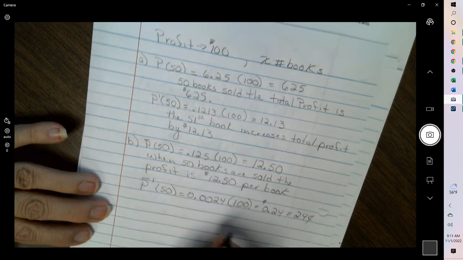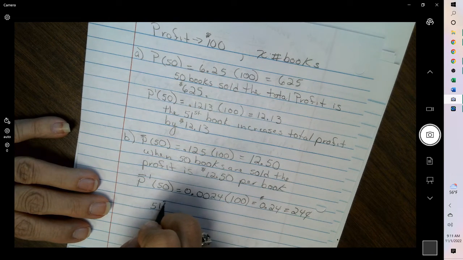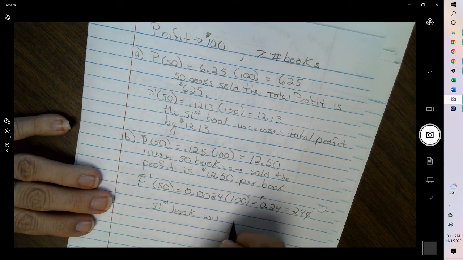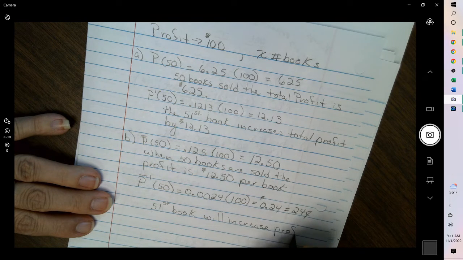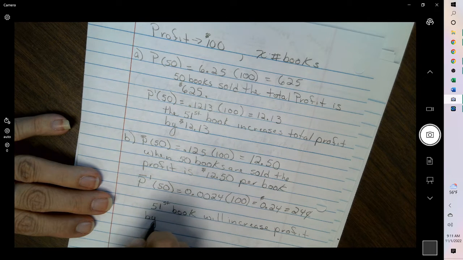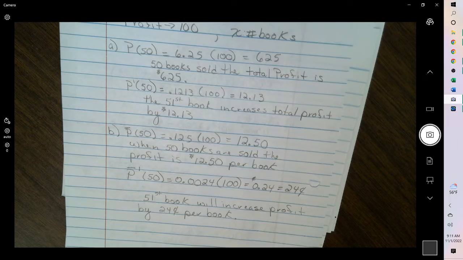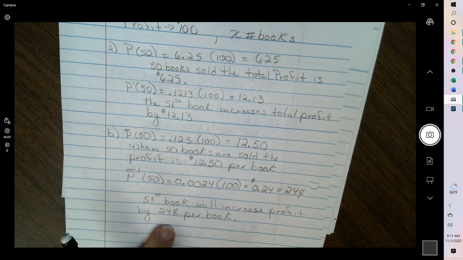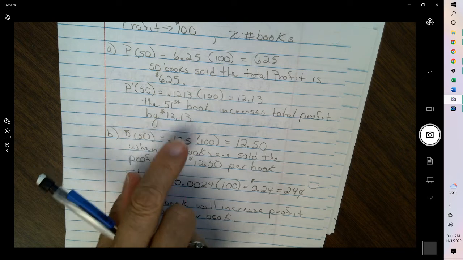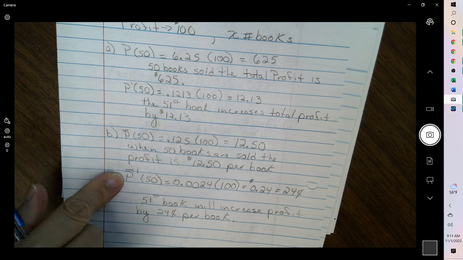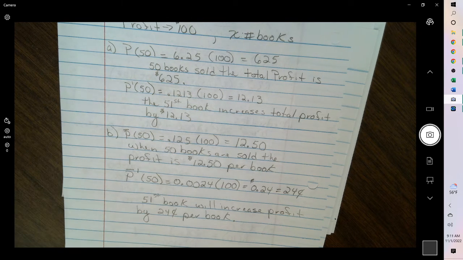If we sell one more, the 51st, will increase profit by 24 cents per book. So this is telling you increase per book. This derivative told you total profit because that was the total profit, and this is the average profit. So profit per book.